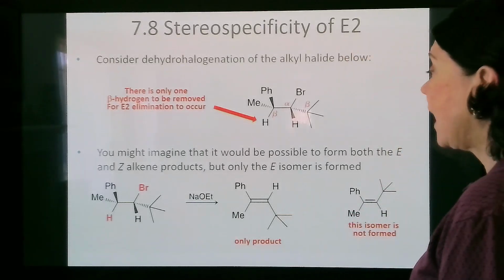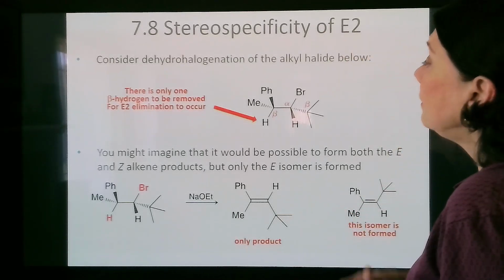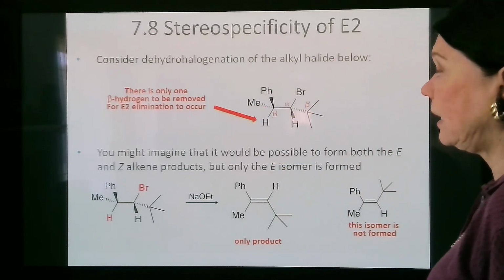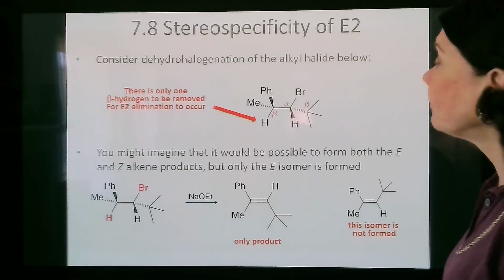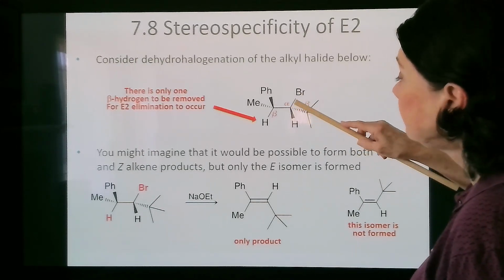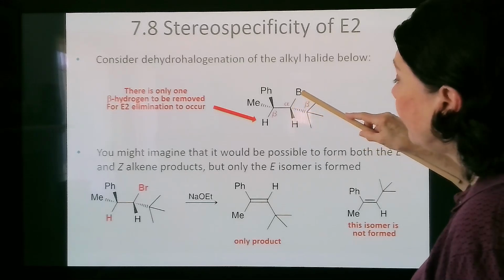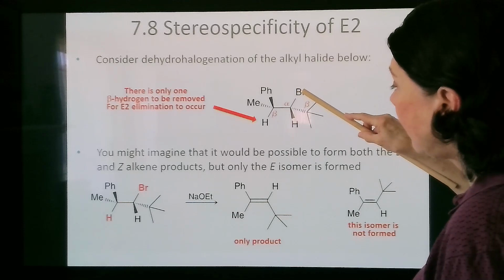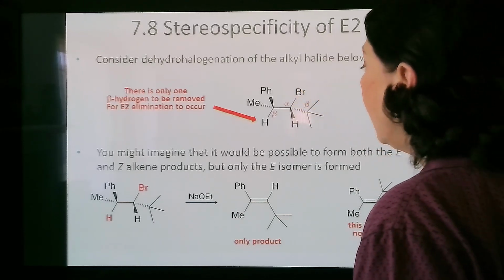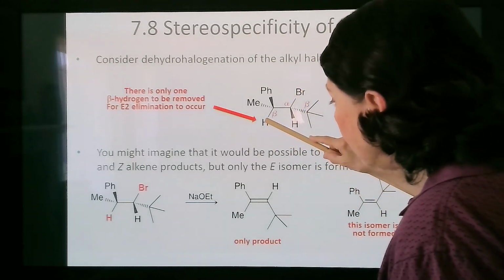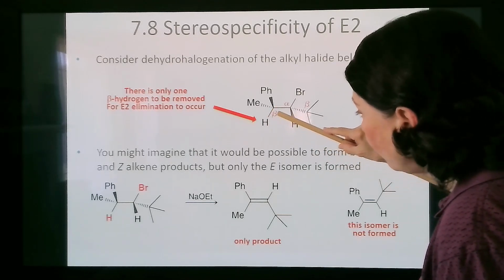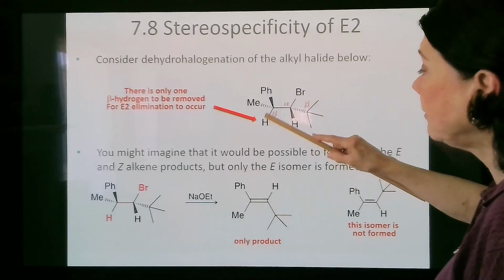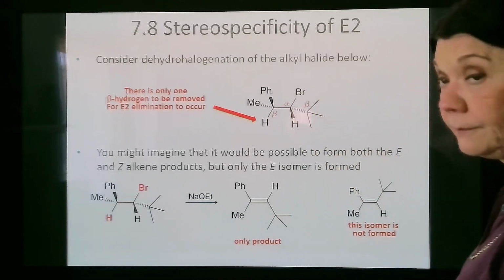So what's happening is this is set up so that in order for the E2 reaction to occur, you have the leaving group, the bromide, which is going to depart as Br-, taking that pair of electrons with it, and the proton that's going to be abstracted. The pair of electrons will move in and form the pi bond right here. They have to be on opposite sides of the molecule.